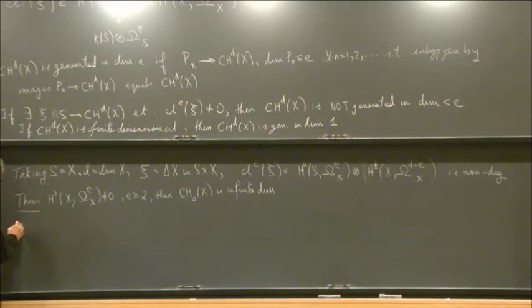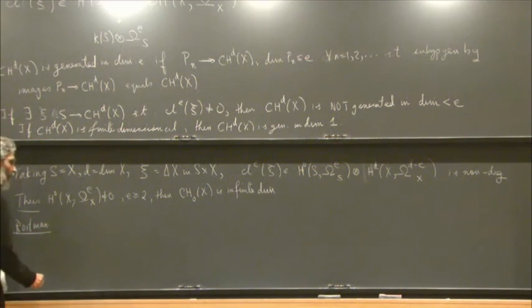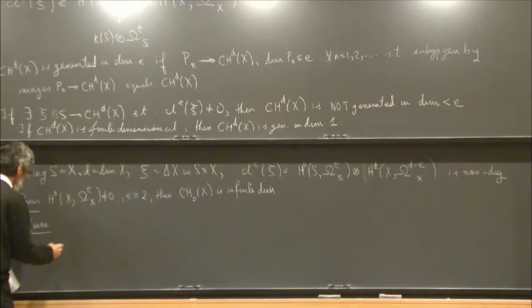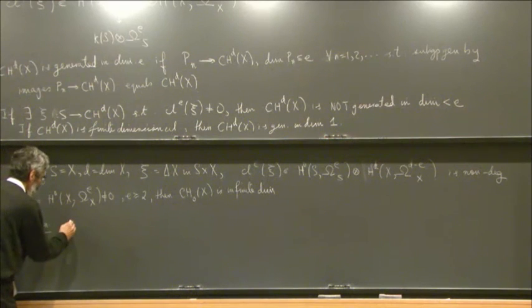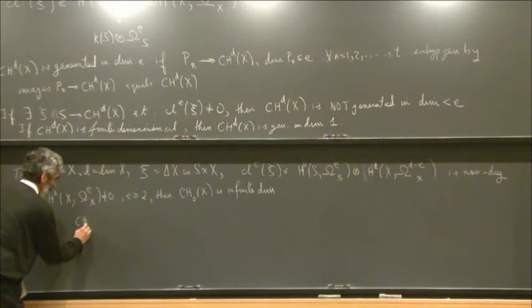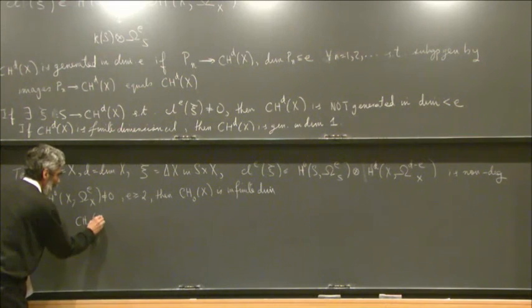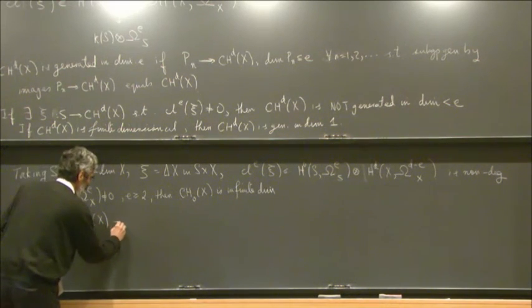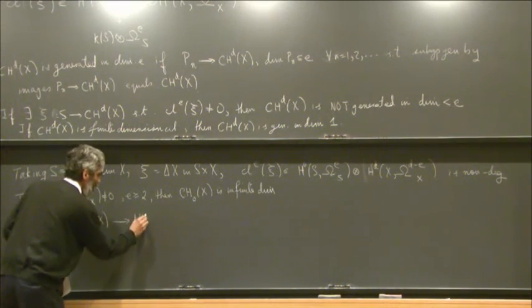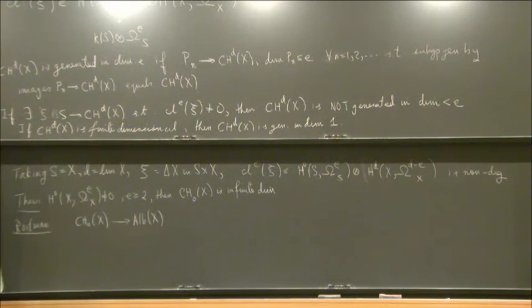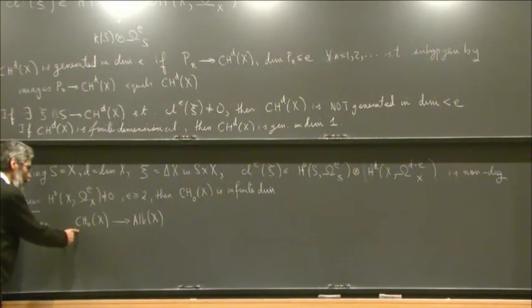So Roitman has 2 more theorems. This is his take on Mumford's theorem, pushed a long way. He also showed that the torsion, for 0 cycles, if you look at Chow 0 X, there is always a natural map from that to the Albanese of X, and of course this could be huge.